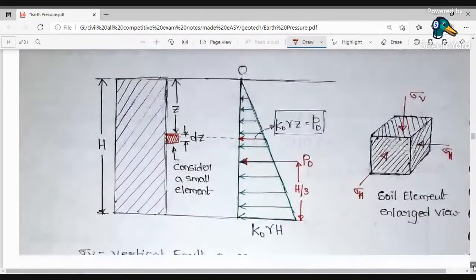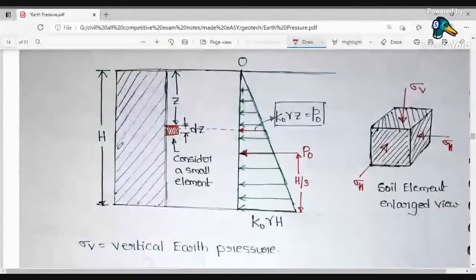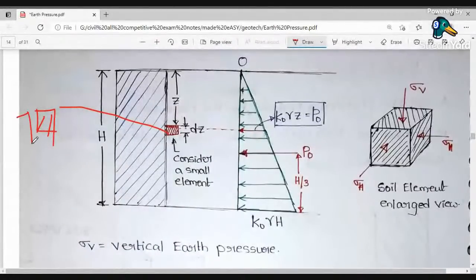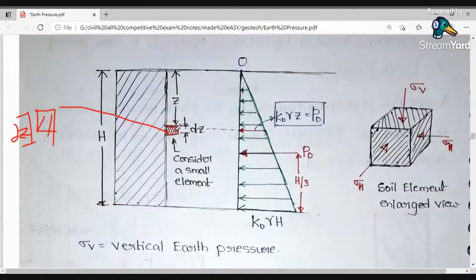Suppose this is the retaining wall, and suppose the height of the retaining wall is H. Suppose we are taking one small soil element, the thickness of that soil element is dz, and the distance from the ground level to that particular soil element is z. So we are considering just a small element.